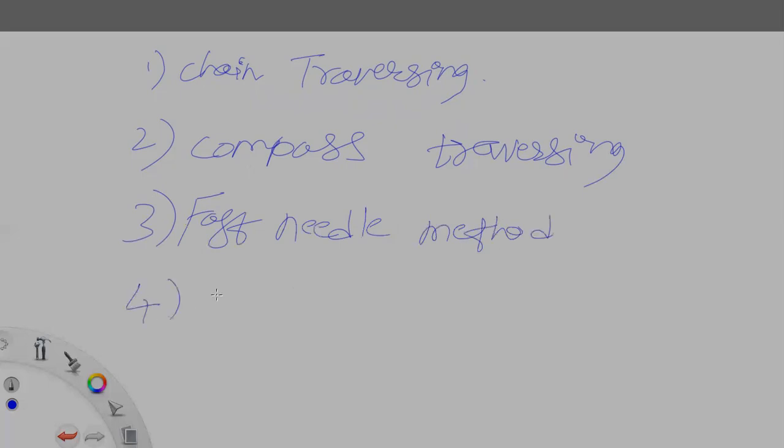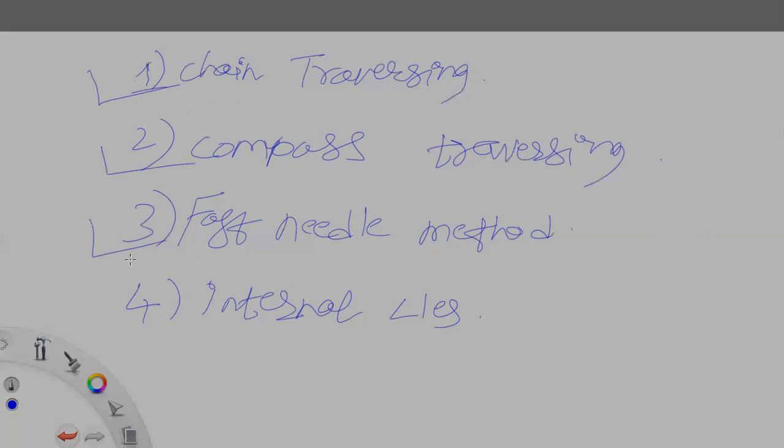And on fourth number, you have the observation of angles between the lines, which is nothing but internal angles. So these are the four generalized methods. In chain traversing, errors may occur, so it is a less accurate method. In compass traversing, you have some precision. Now after that, the fast needle method.